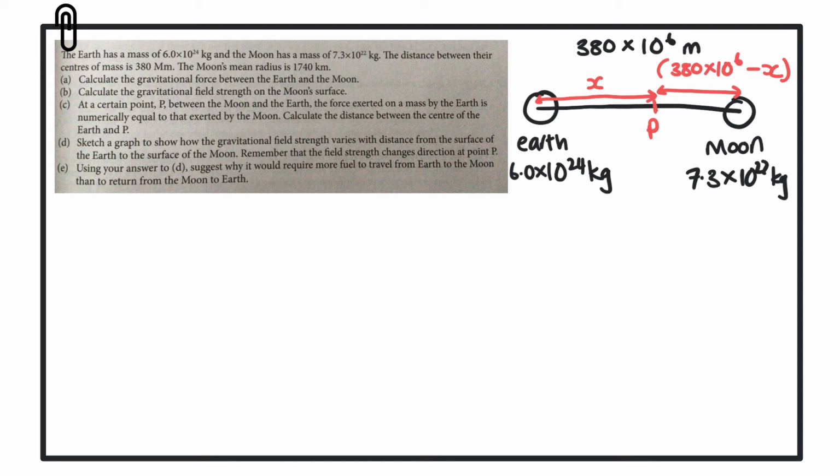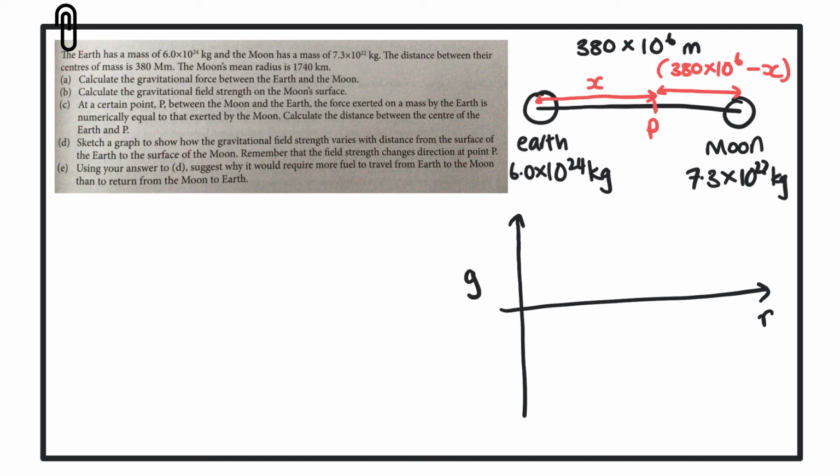Okay, so what I'm going to do is draw out a set of axes just below the diagram that we drew earlier. On these axes, I'm going to put R, that's the separation or distance, on the x-axis, and on the y-axis we're going to put the gravitational field strength.